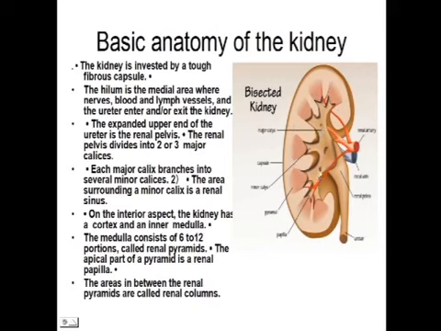The base of each pyramid lies adjacent to the cortex, whereas the apex, which is known as papilla, projects into the minor calyces. So these are the minor calyces. This is papilla and this is entering into the minor calyx.